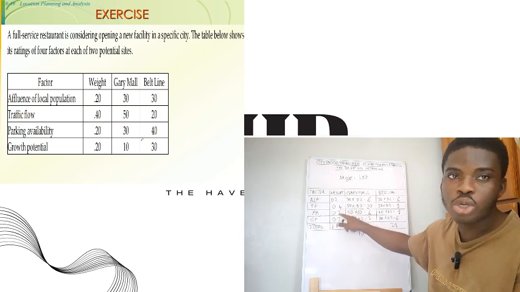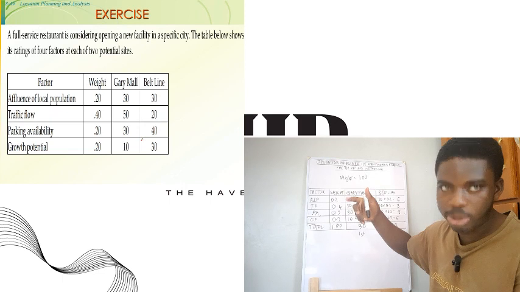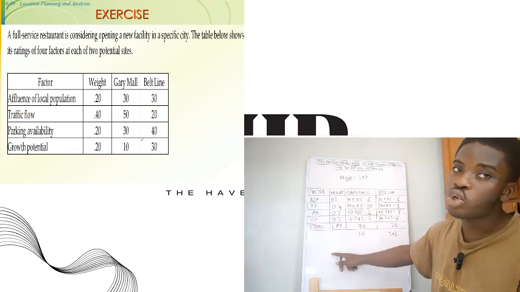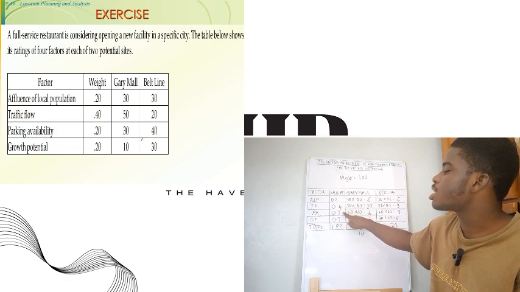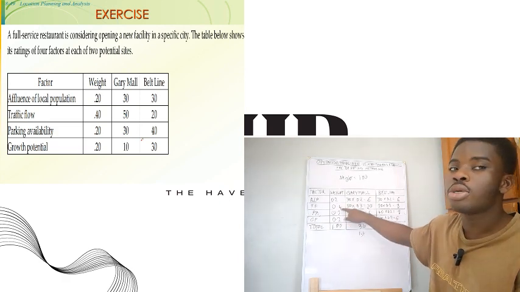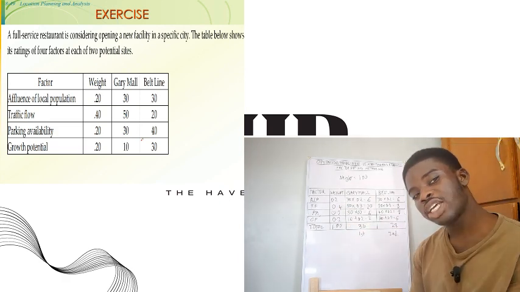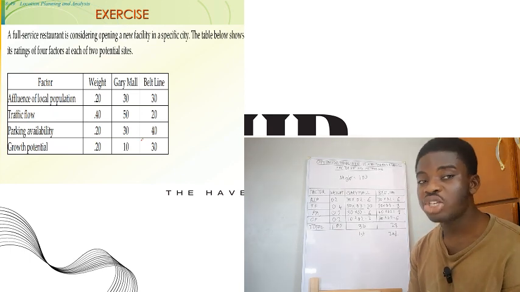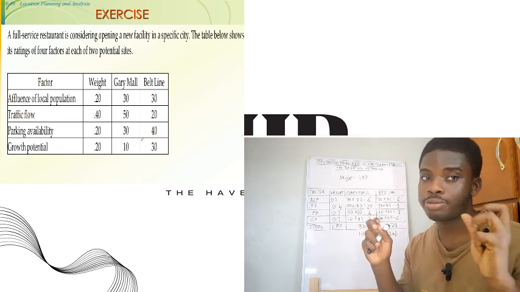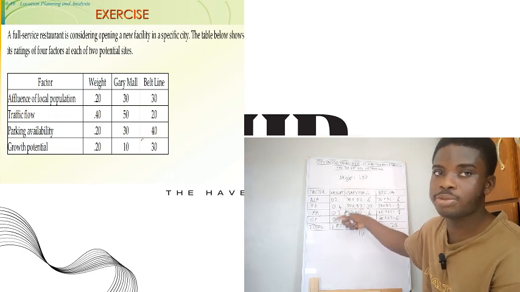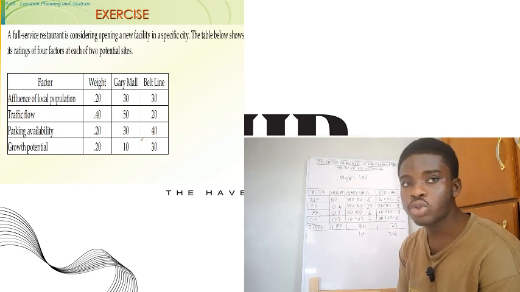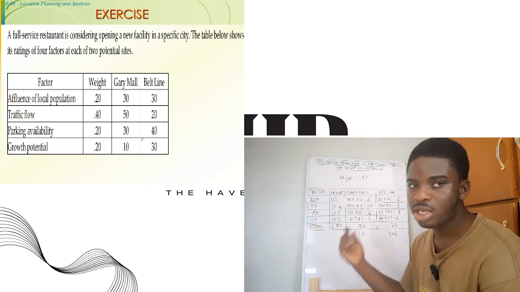How would that affect the decision? To solve the B, you just have to come back to your table again and swap them. You can watch for keywords, they might use a word like reverse. If they say reverse, just change them. Just swap it, and you'll be good to go, right? So that's basically it for the factor rating.